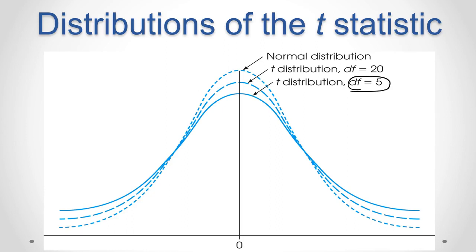The larger the degrees of freedom are, the more closely the t distribution approximates a normal distribution. With degrees of freedom equal to infinity, the t distribution and the z distribution are the same. So when df is equal to infinity, the t is equal to the z.